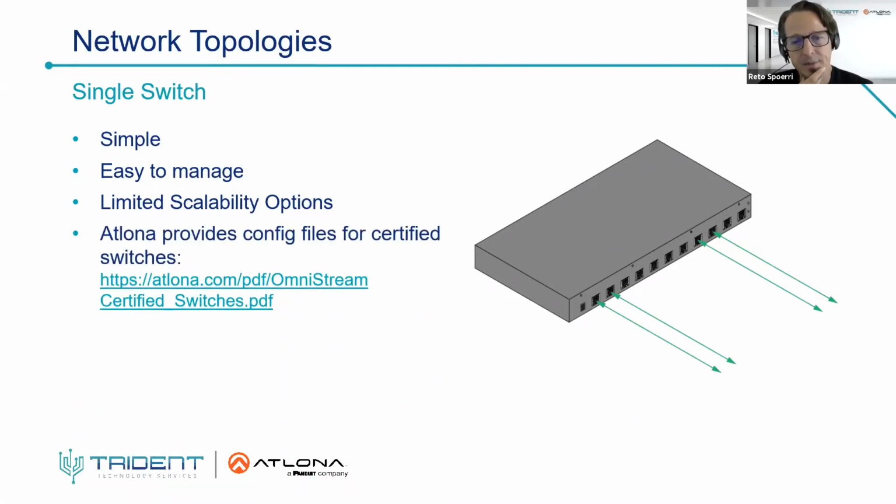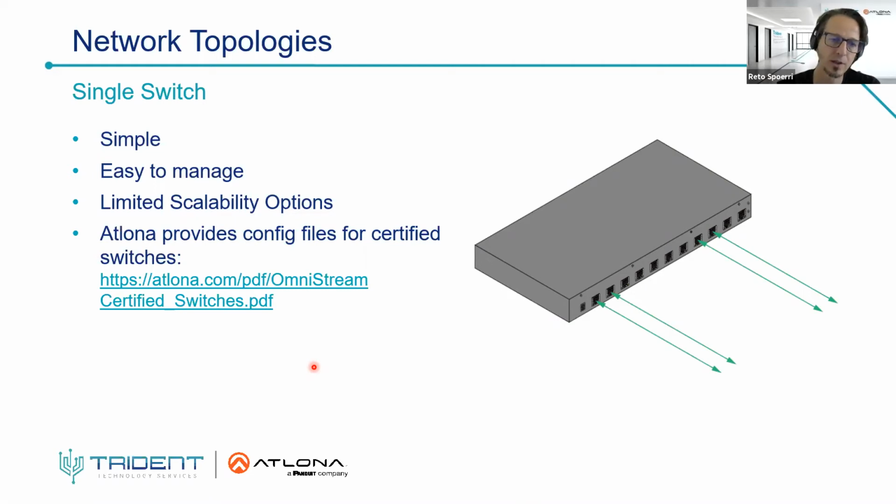Because it's an easy concept, for this single switch concept Atlona also provides ready-to-use configuration files. On this link, if you click on it, it will show you a PDF document with a list of, I would say, around 30 to 40 switches that we have tested, validated and certified, and we also provide a config file directly in the PDF document.